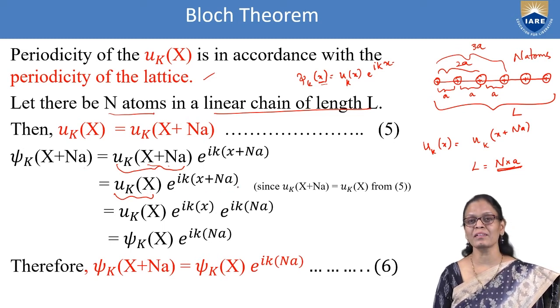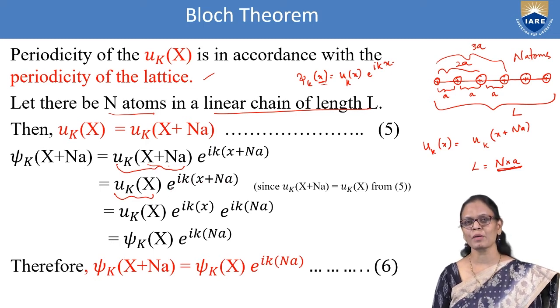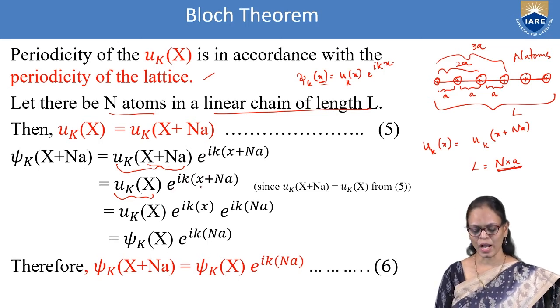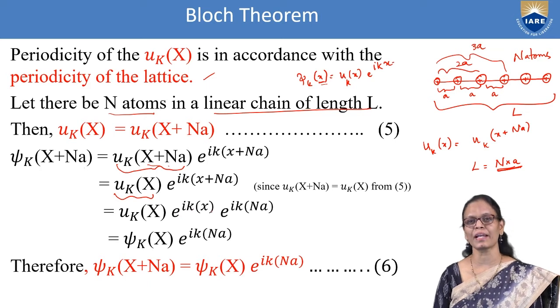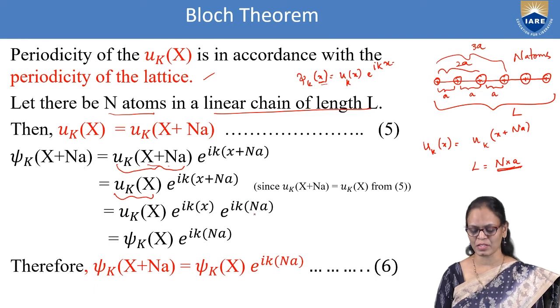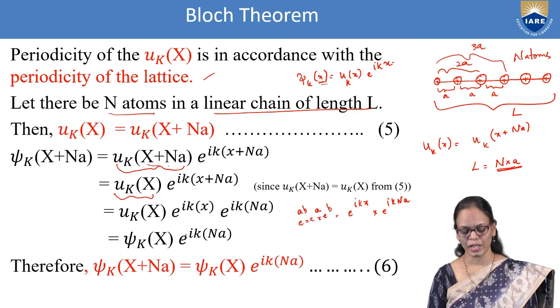And now we can expand this term e^(ik(x + Na)). e^(a+b) will be e^a into e^b. So I am writing this as e^(ikx) into e^(ikNa), where I am using the formula that e^(a+b) can be written as e^a into e^b.